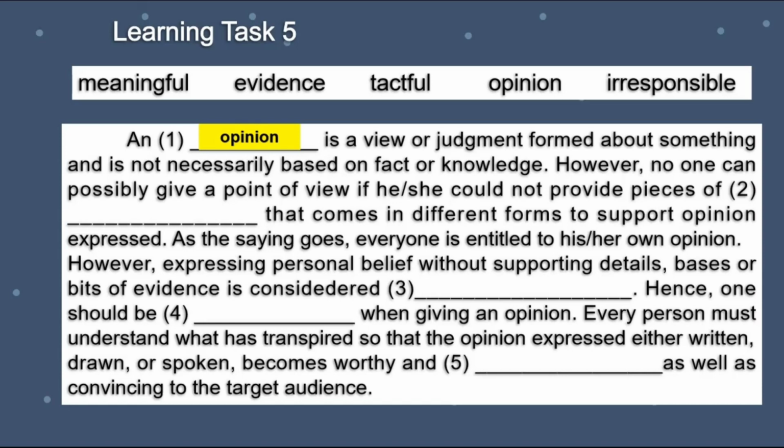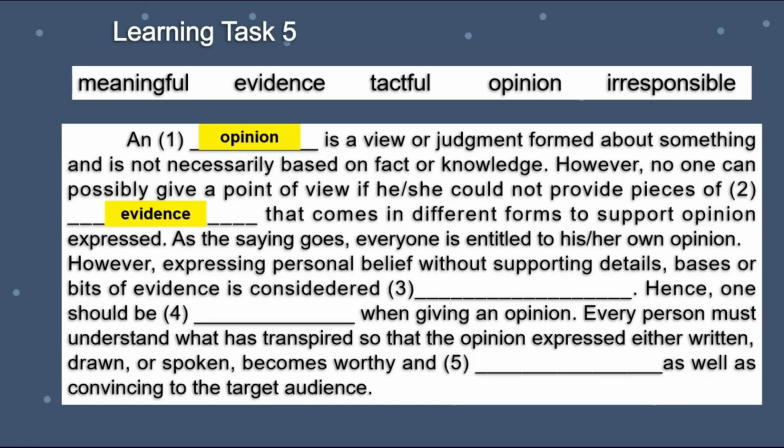or knowledge. However, no one can possibly give a point of view if he or she could not provide pieces of blank that comes in different forms to support opinion expressed. So what do you think is the right word? You're right, evidence. Okay?